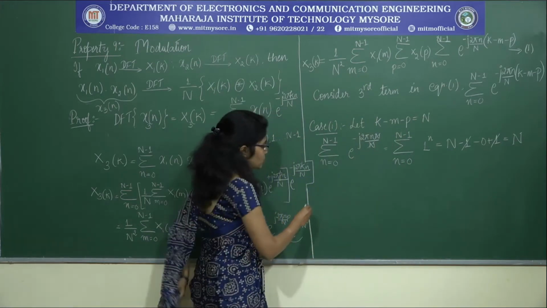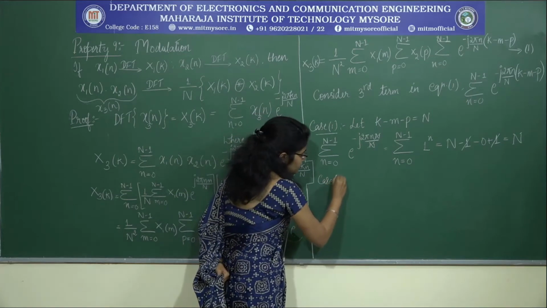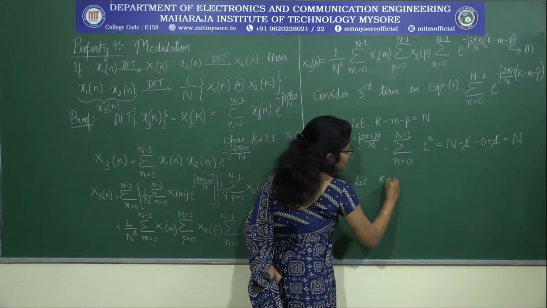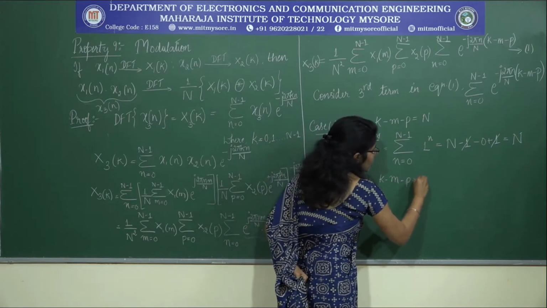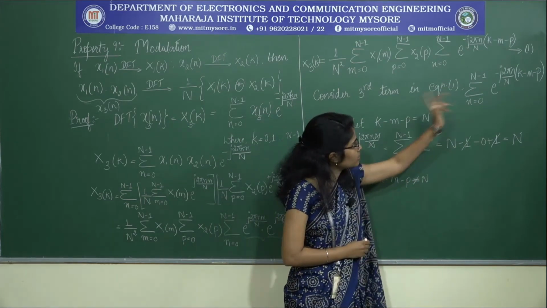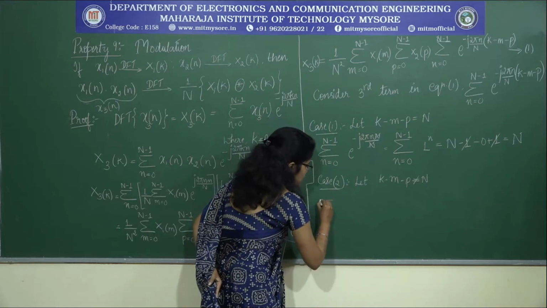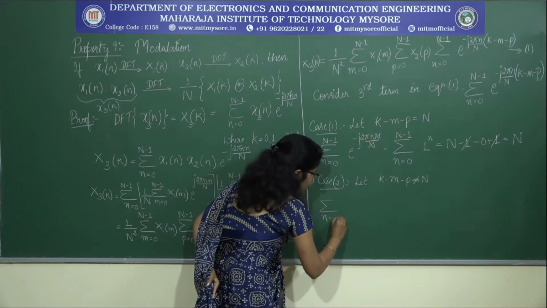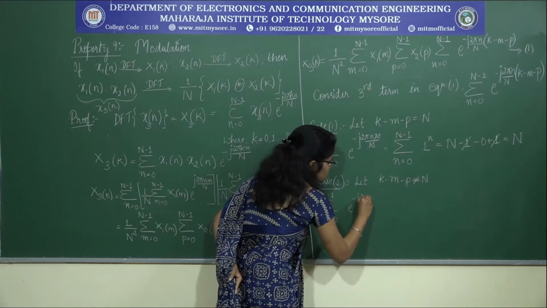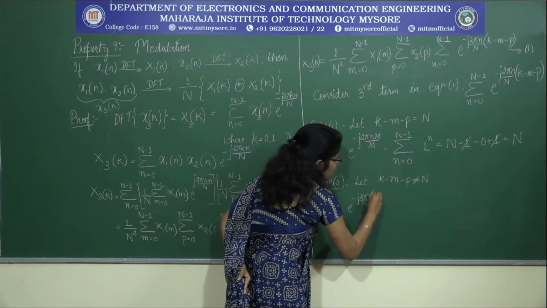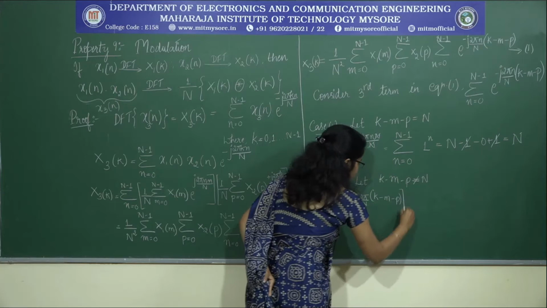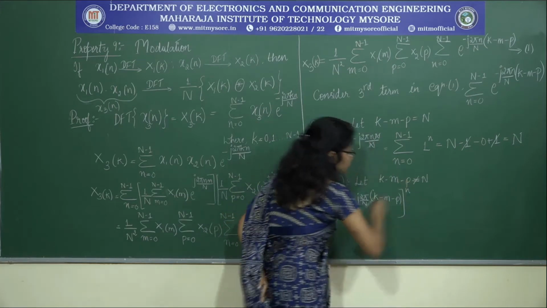Let us move on to case 2. In case 2, let k minus m minus p be not equal to N in the third term. Again, if I substitute the same thing in the third term, we can rewrite it as summation n ranges from 0 to N minus 1 e power minus j 2 pi by N into k minus m minus p, to the power of n.